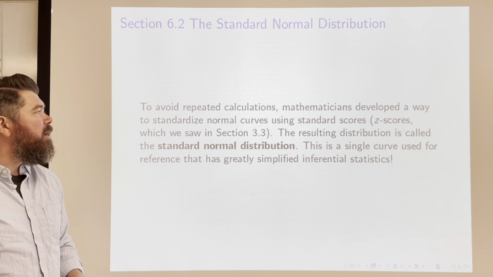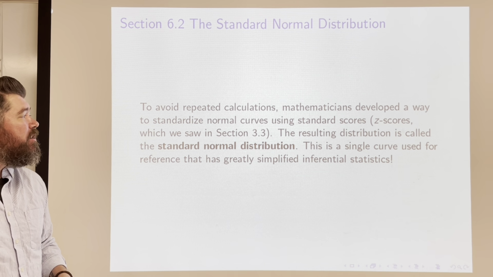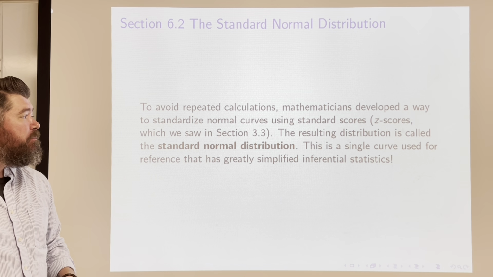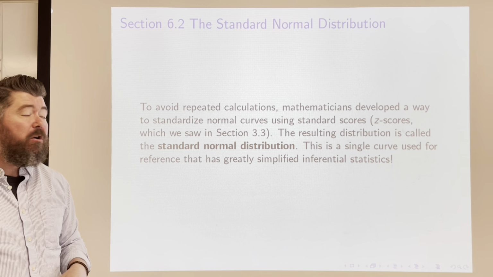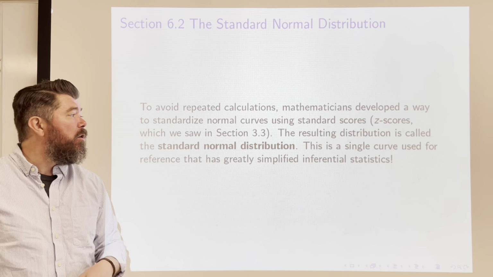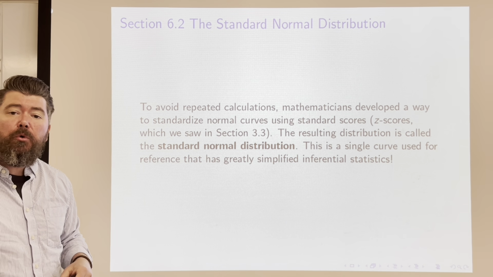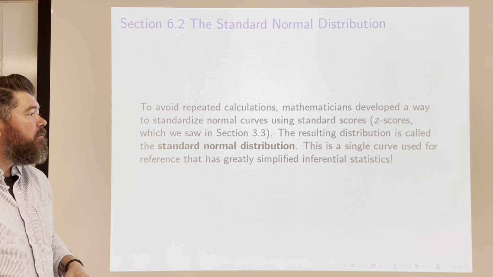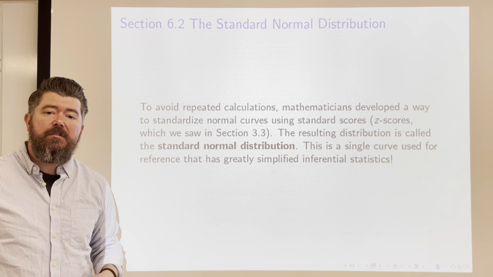To avoid repeated calculations, mathematicians developed a way to standardize normal curves using standard scores. So remember from chapter 3, section 3.3, we talked about standard scores, or what we called z-scores. The resulting distribution is called the standard normal distribution. This is a single curve used for reference that has greatly simplified inferential statistics.